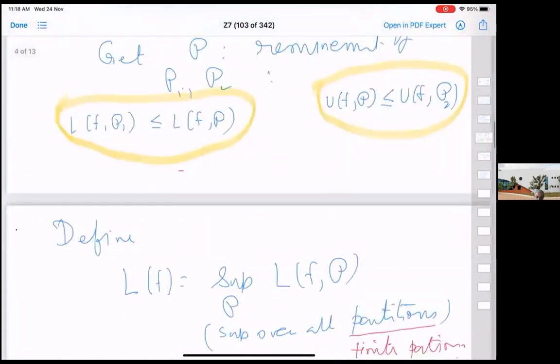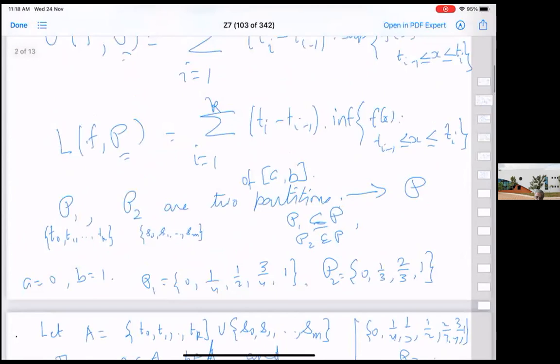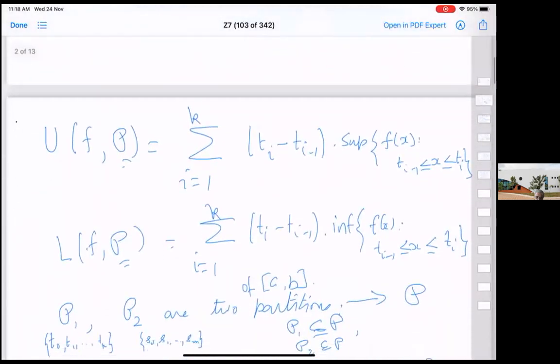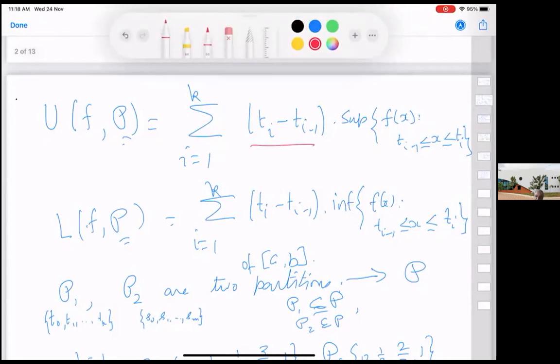So let us go back to this definition step. You take a partition, you define UFP and LFP. So in each interval, the length of the interval times the supremum over all values, and the infimum over all values.